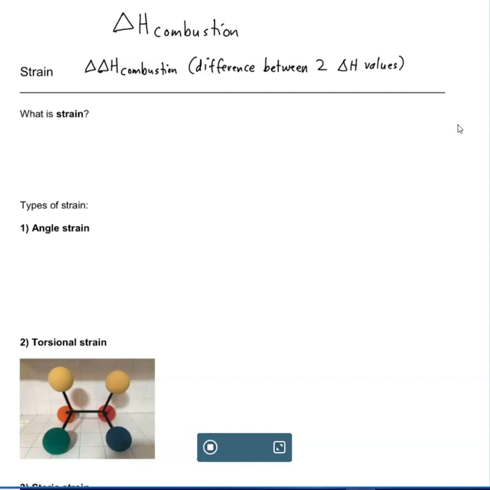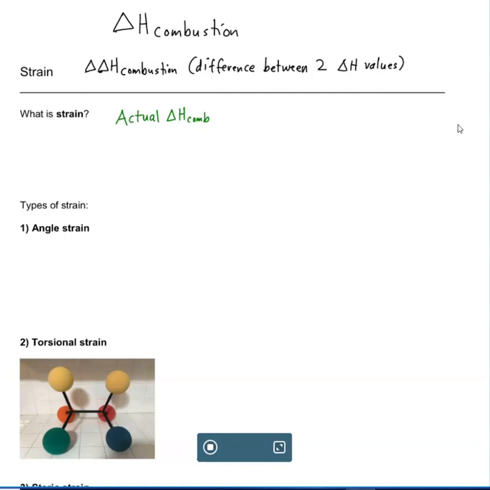Well, one of them is an actual value. It's a measured or experimental value. So we take a molecule and we combust it. We take a sample of it, we put it into a contraption called a bomb calorimeter, which you're able to seal up. There's a wire that comes out of this. You can light that. It's like a fuse.